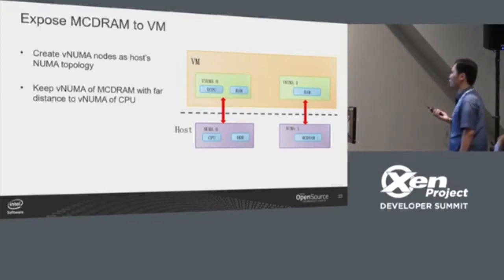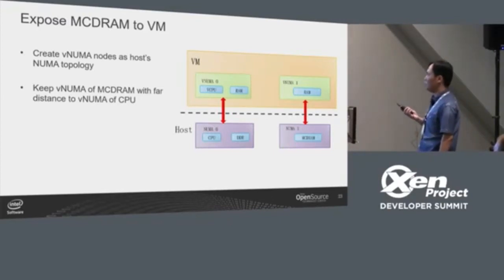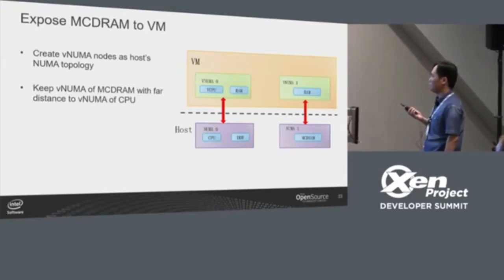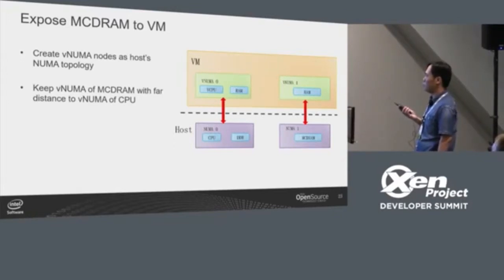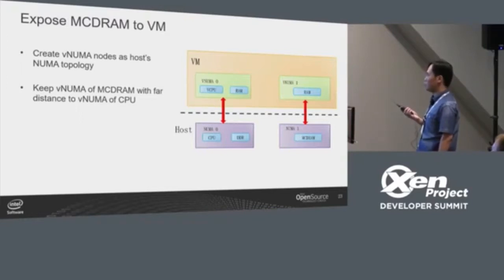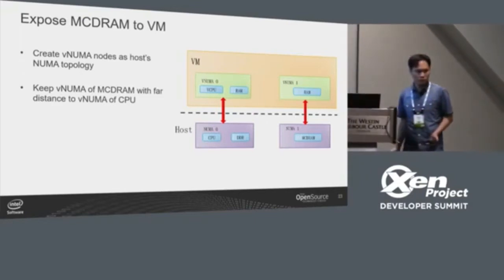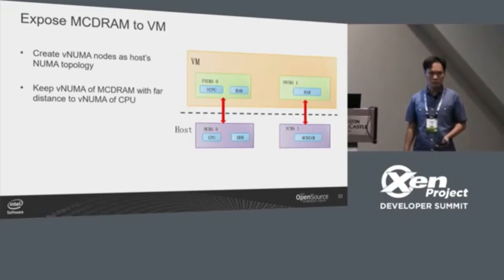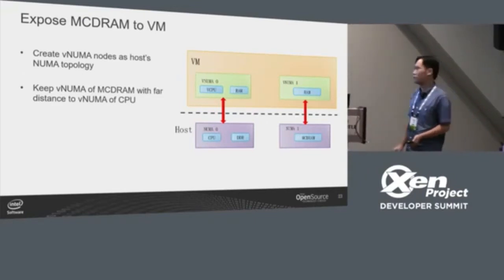We need to keep the NUMA node of the MCDRAM at a far distance from the virtual NUMA node of the CPU. Then the HPC software can find the MCDRAM and use it in the VM. This is just mimicking what the native system is doing.